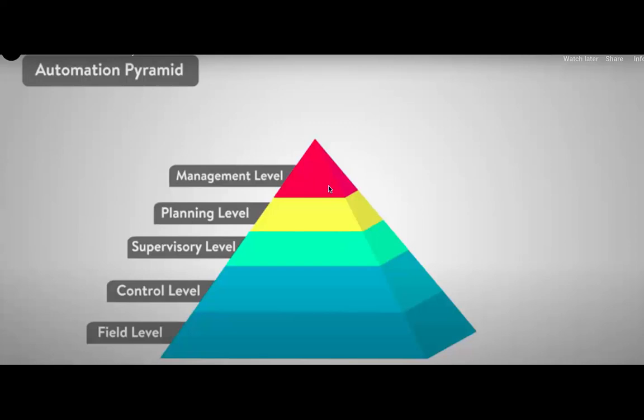So these are the types of hierarchical levels. We are going to see in detail what the levels are and what they contain.